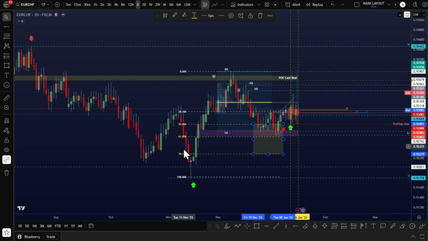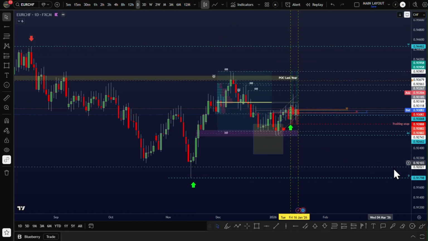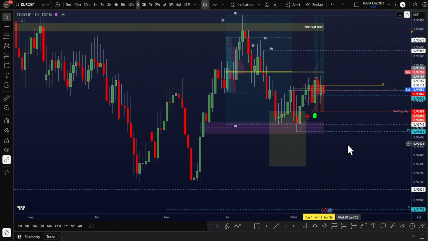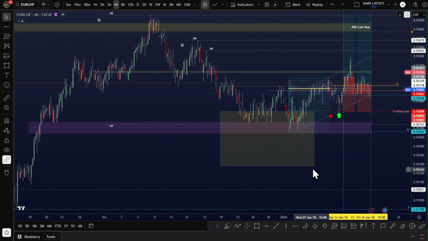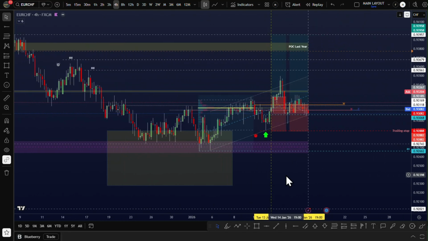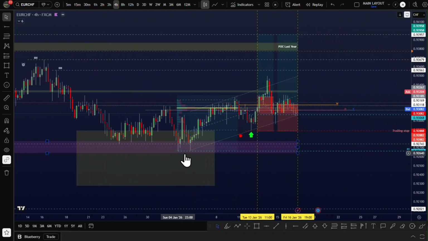Once price reached this region, I went down to the lower time frame on EuroCHF and saw a new order flow. You can see price dropped, breaking this high.